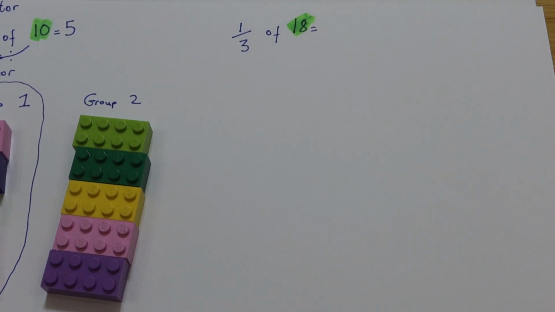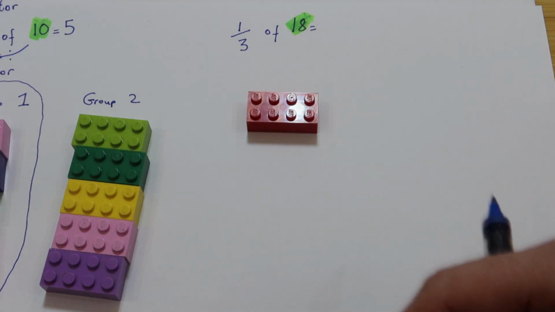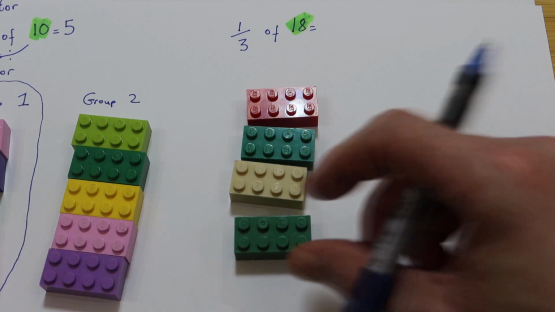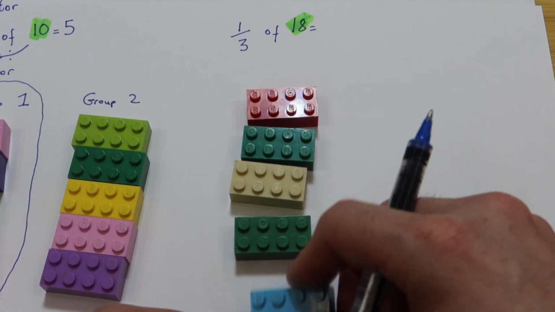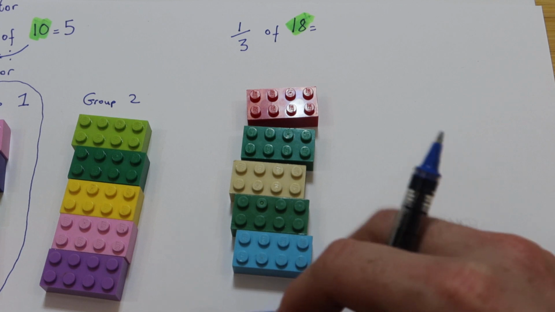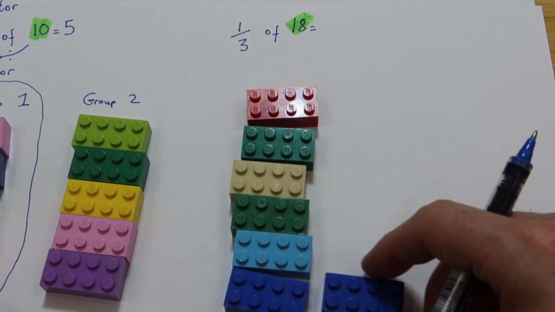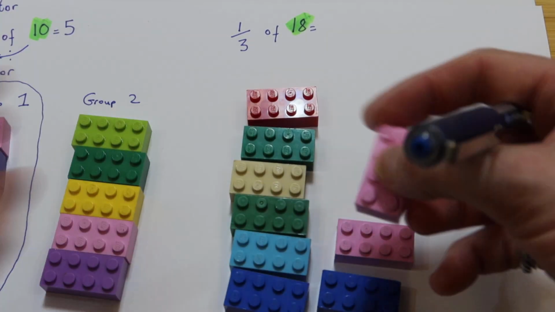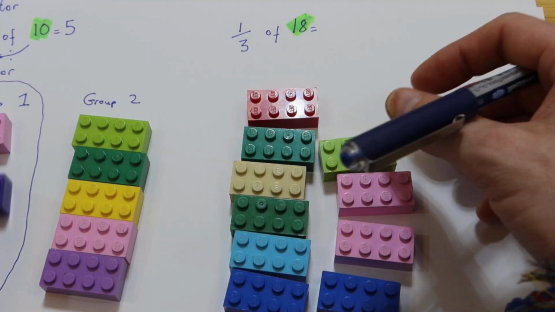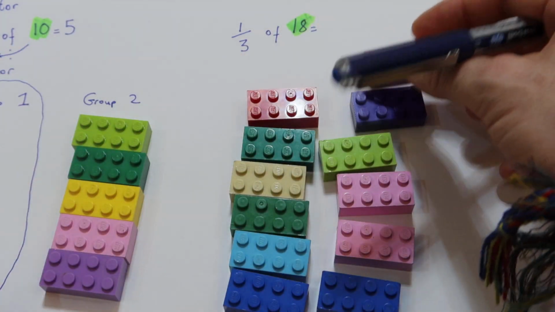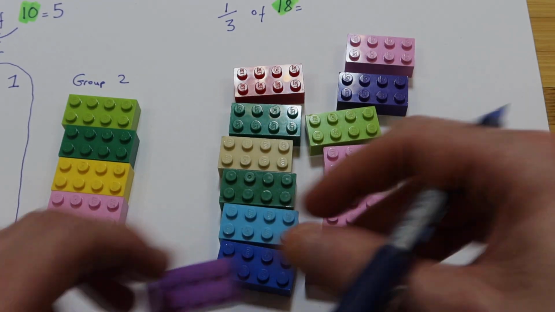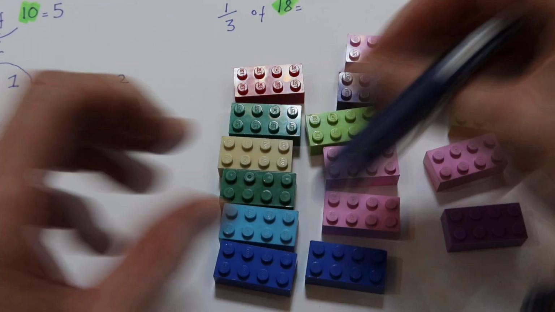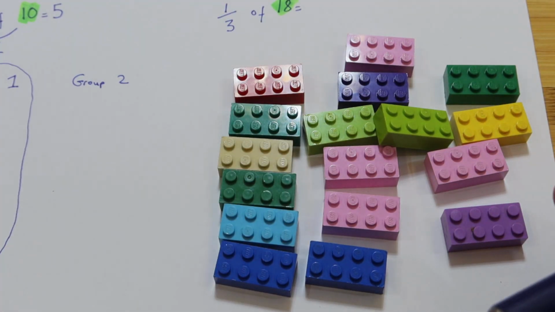Okay, so I've got 1, 2, 3, 4, 5, 6, 7, 8, 9, 10, 11, 12. Let's borrow some from here. 12, 13, 14, 15, 16, 17, and 18.